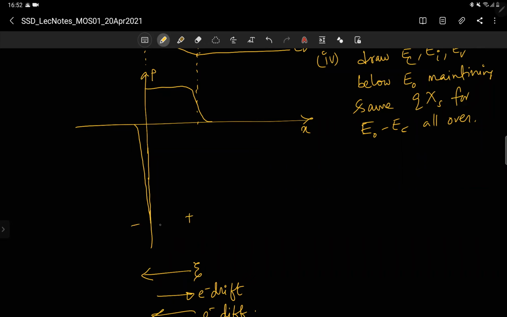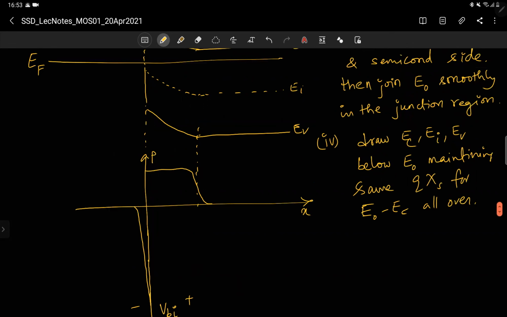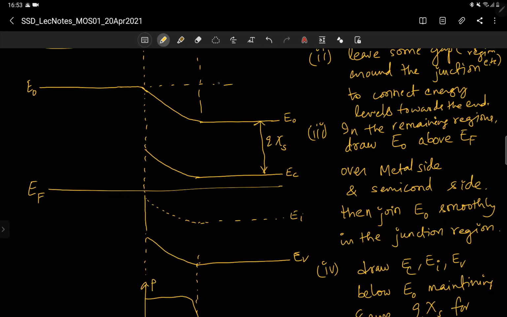So there will be some built-in potential like this, VBI. Okay. So the semiconductor is positive and the metal side is negative. So if you take this as the reference, that is the semiconductor as the positive terminal and the metal as the negative terminal for built-in potential calculation, you will see that the built-in potential is nothing but this. So this is the built-in potential VBI.